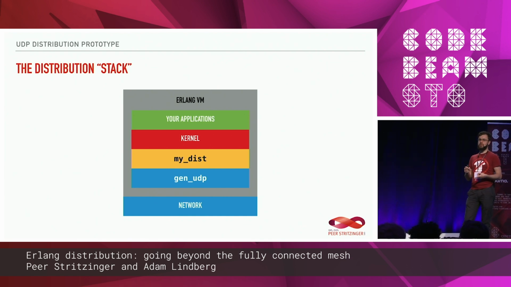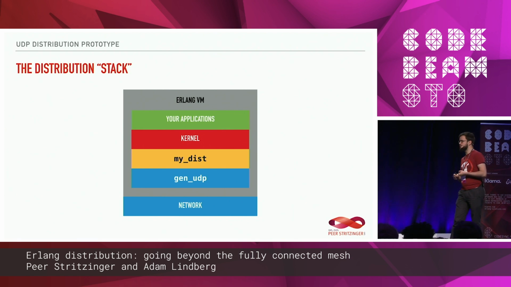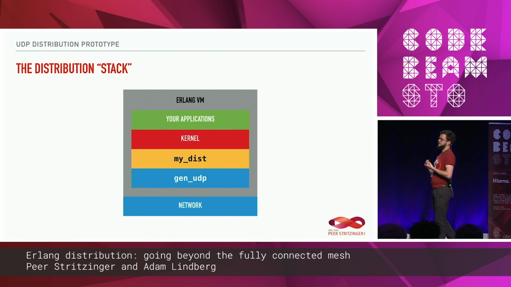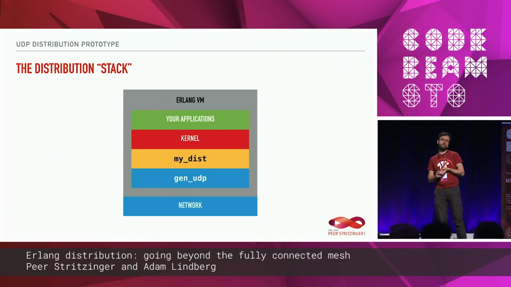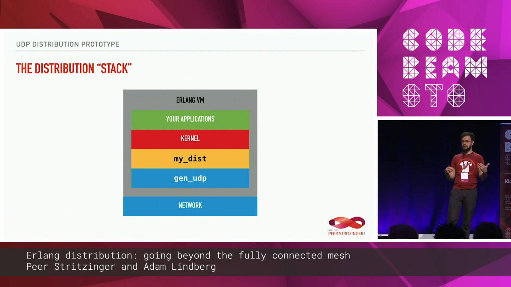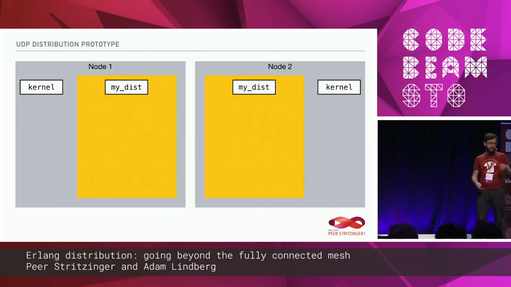This is implemented in the VM, so it's very efficient and very nice. When you implement a custom distribution implementation, you actually replace it with Erlang code. Kind of like kernel space and user space in an operating system, it's the same here. You go now into Erlang land, and we then use gen_udp, the UDP socket library in Erlang, and we build stuff on top of this, and then we head out on the network and talk to other nodes.